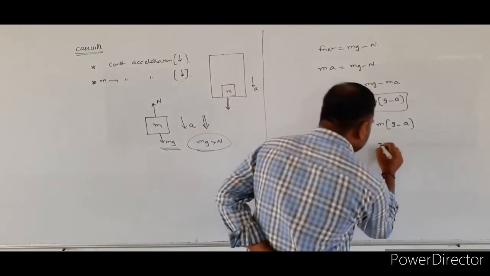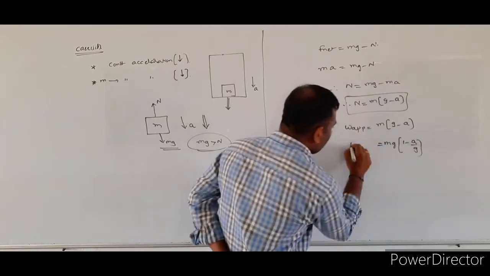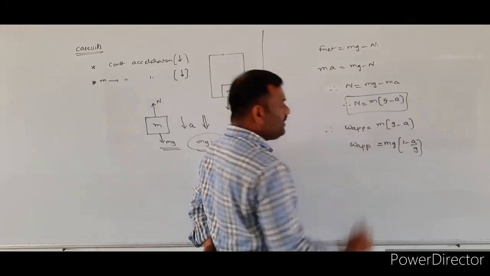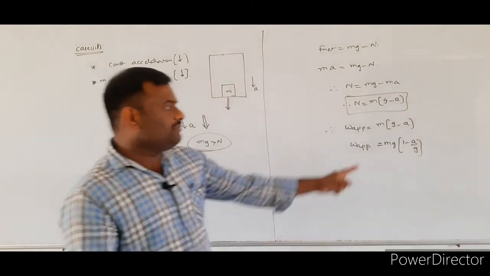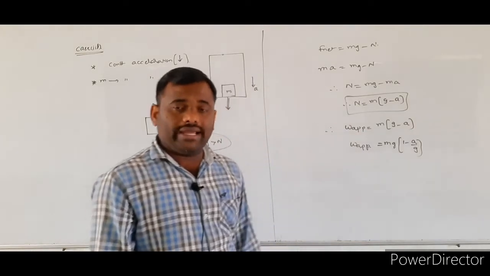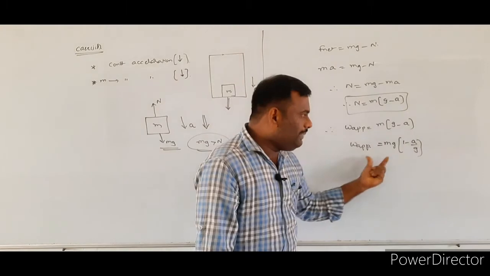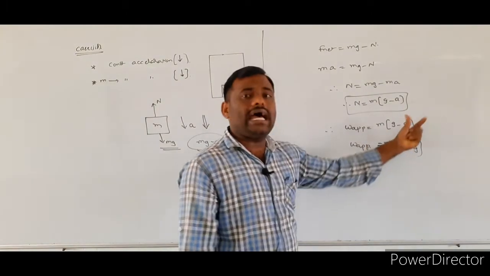Again, taking the g value as common, I will get apparent weight value is equal to mg into (1 minus a by g). If you look at the equation, the apparent weight value will be clearly less than the actual weight.